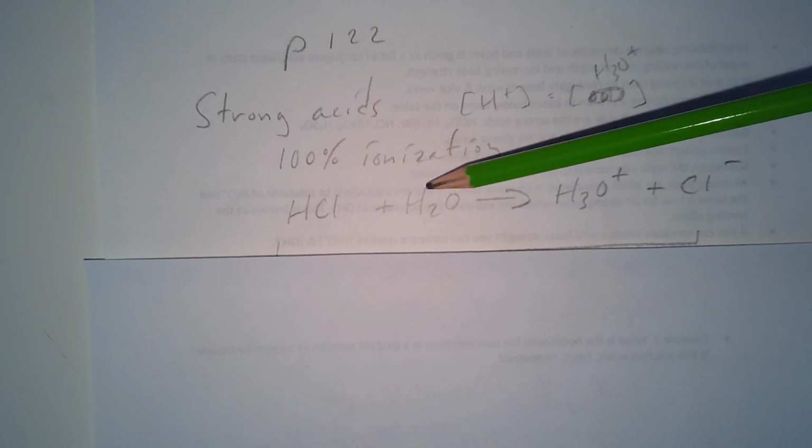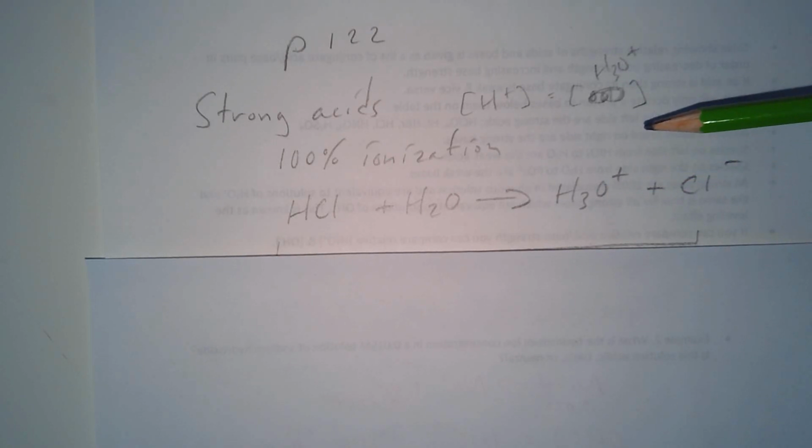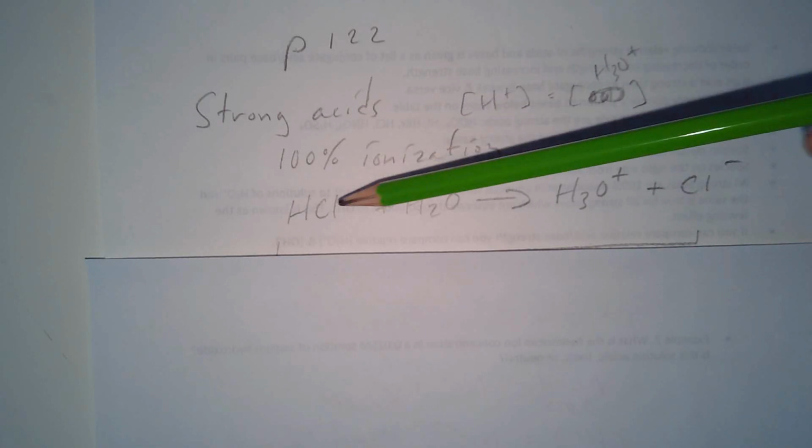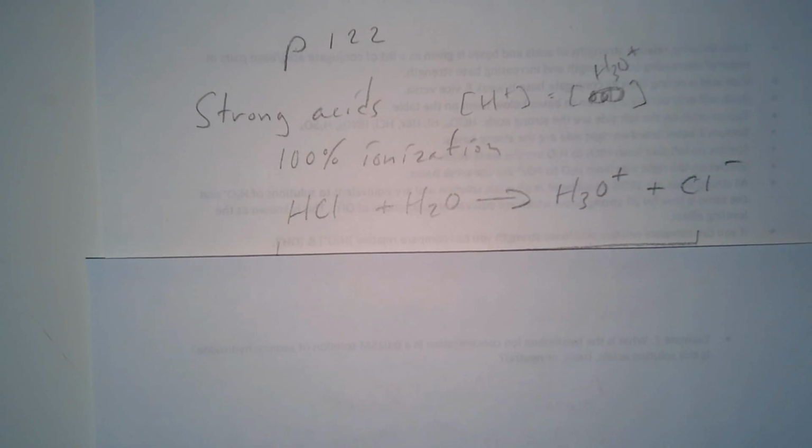So water is a proton receiver. And so then you get this reaction. The presence of H3O plus is an indication that you're in an acidic environment. So here, HCl and Cl minus would be a conjugate pair, and H2O and H3O plus would be a conjugate pair. Remember, a conjugate pair is two of the same thing that differ by a proton.